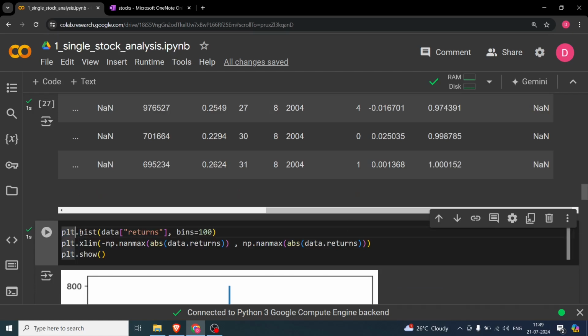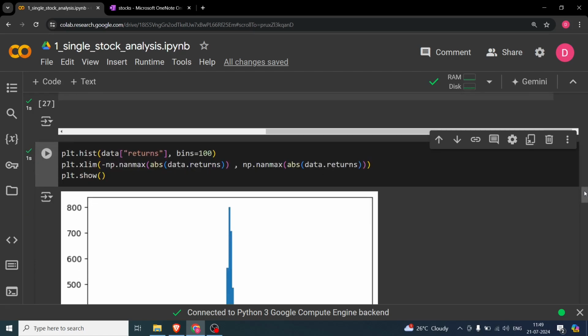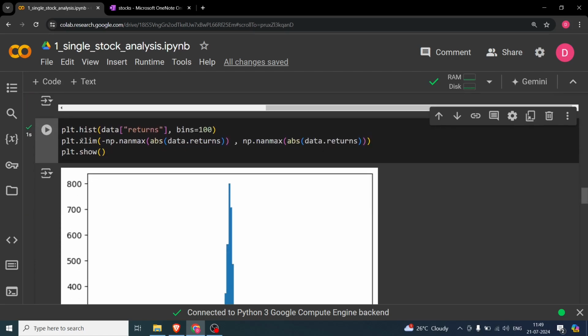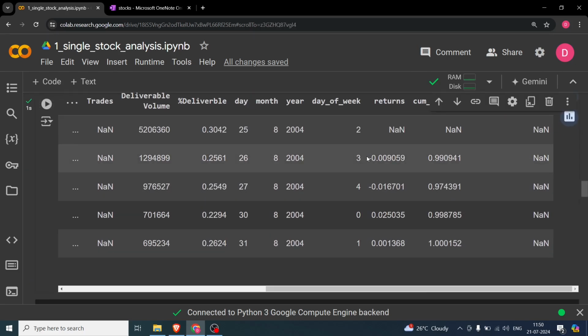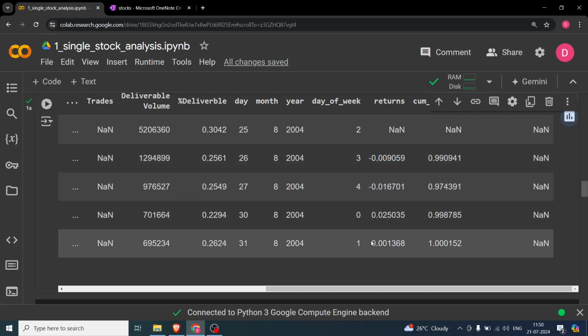Okay, so let's plot a histogram of all the returns. I have taken bins equal to 100. Now this line xlim is basically x limit. What I want is the absolute value of all the values of returns. If you remember, there were some negative values and some positive values.